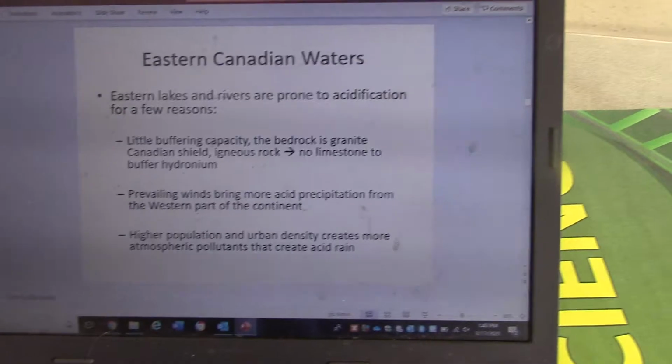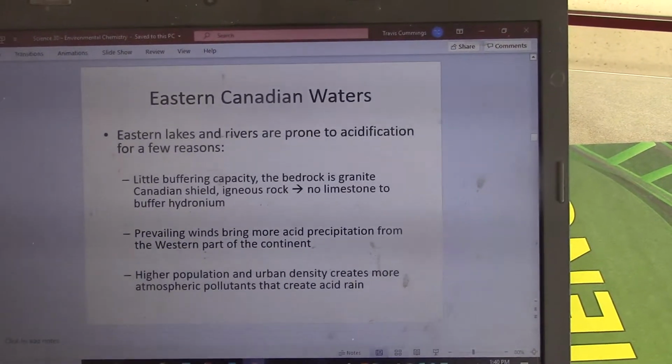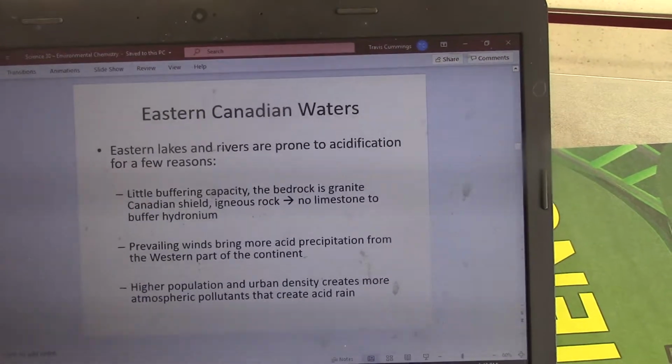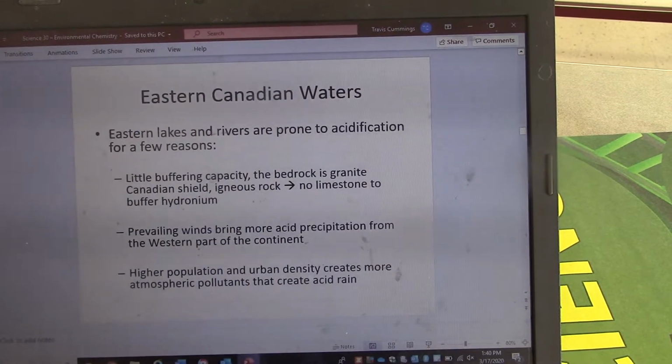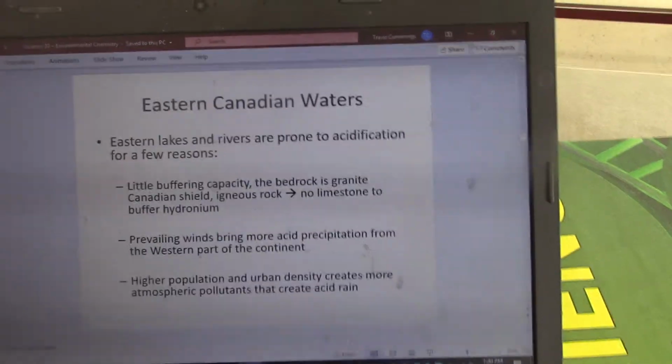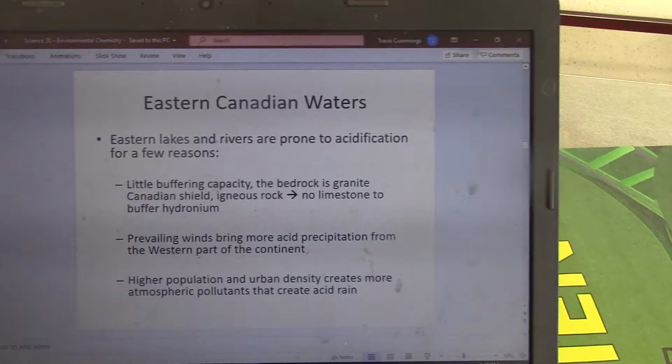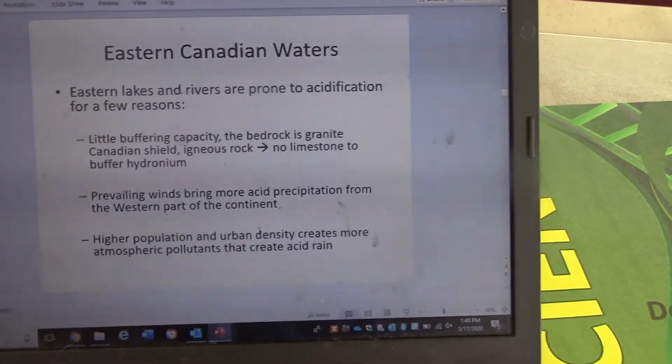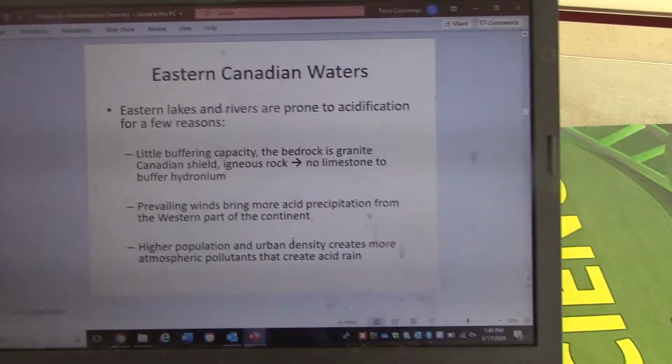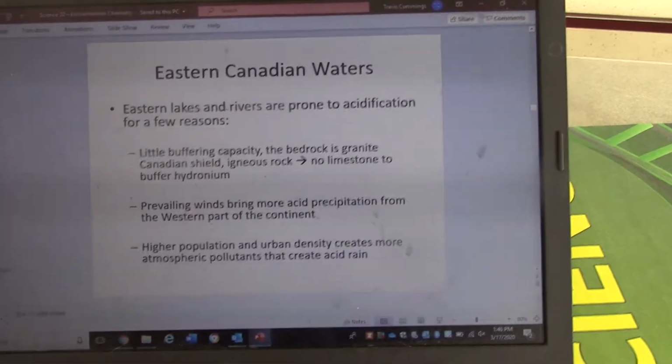So eastern lakes generally are prone to acidification because there's little buffering capacity. The bedrock is granite, and there's no limestone to buffer hydronium. Okay. There's also high population and urban density, so there's more atmospheric pollutants that can create acid rain.